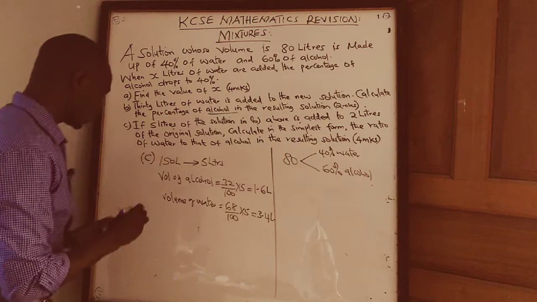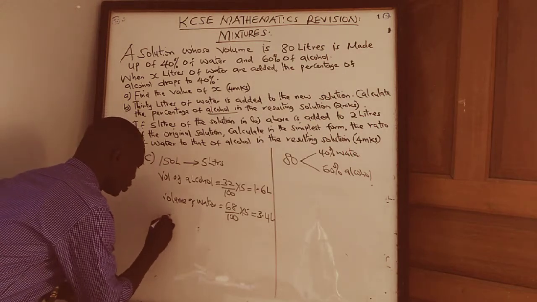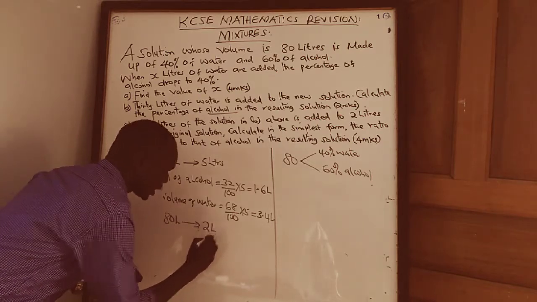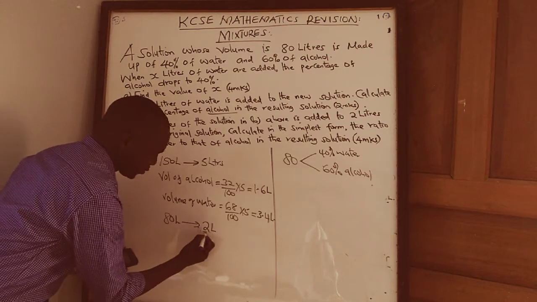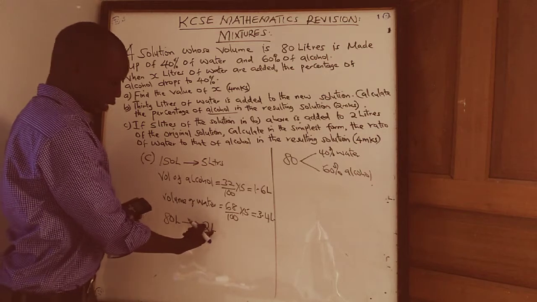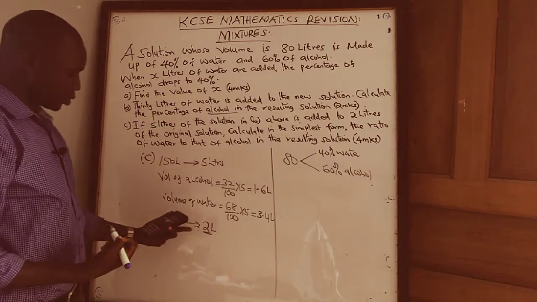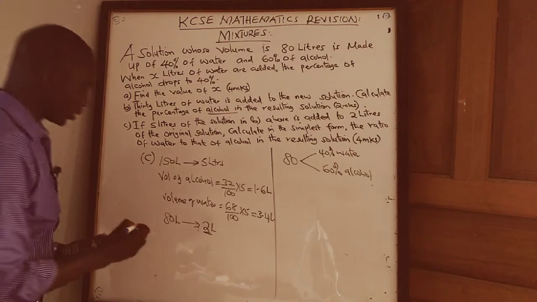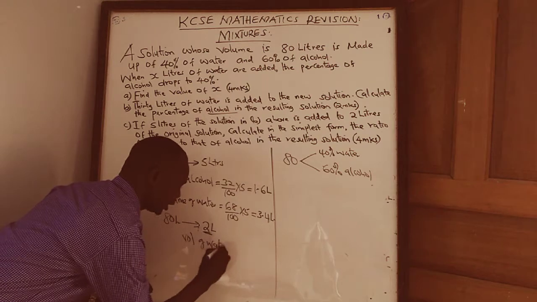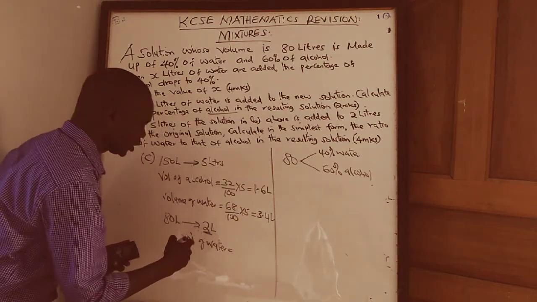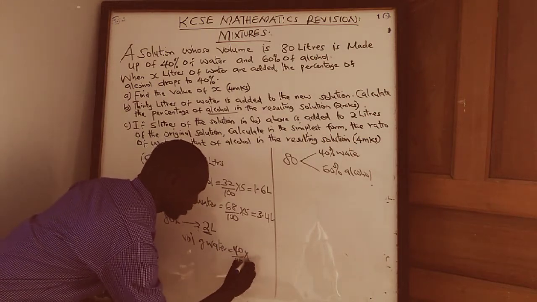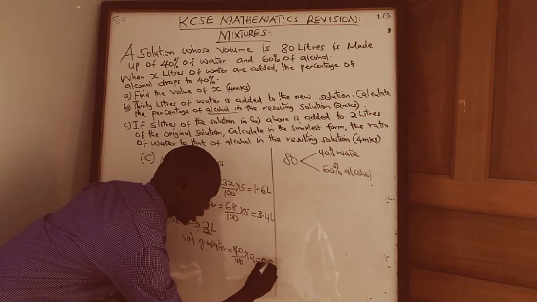That is for the 5 liters of the solution in B, which were added to 2 liters of the original solution. The original solution was 80 liters, but out of 80 liters, we are only taking 2 liters. We need to know the volume of water and the volume of alcohol in this new volume. For water in 2 liters of the solution, we had 40% times 2 liters, which gives us 0.8 liters.